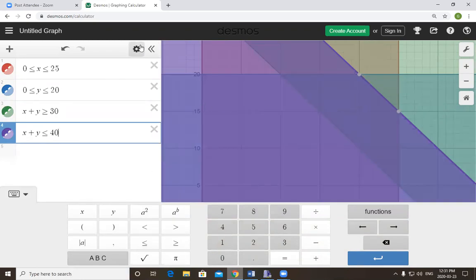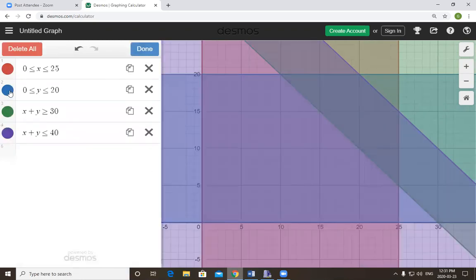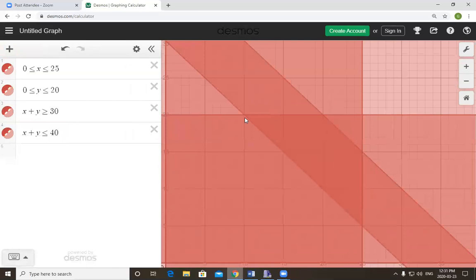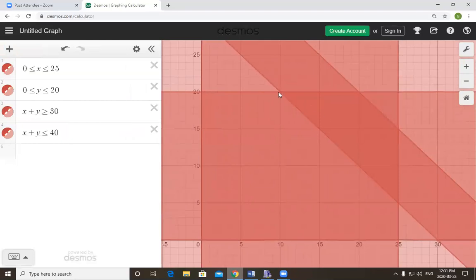And again, we will make all the same color. And so what we can see here is a feasible region bounded by this. We have the overlap being right here.